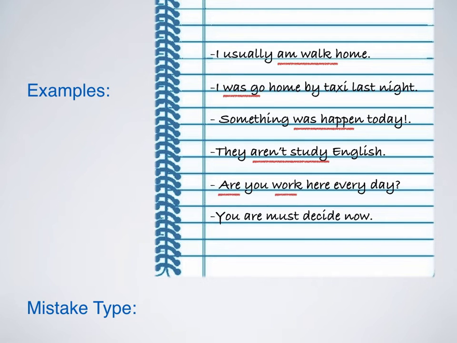The helping verb for general verbs in negatives and questions is do, not be. And the last one has a helping verb already. No be verb is necessary.